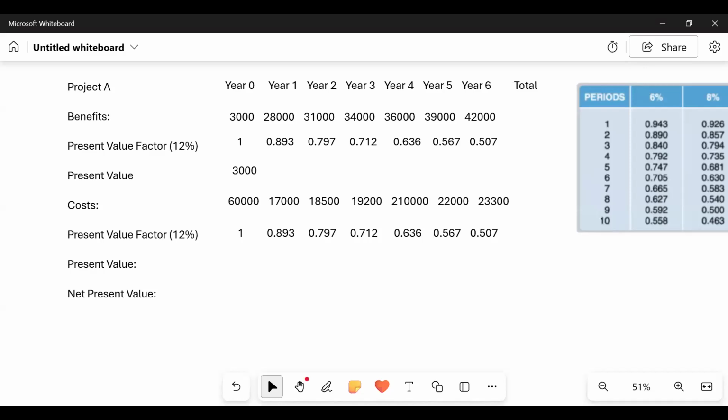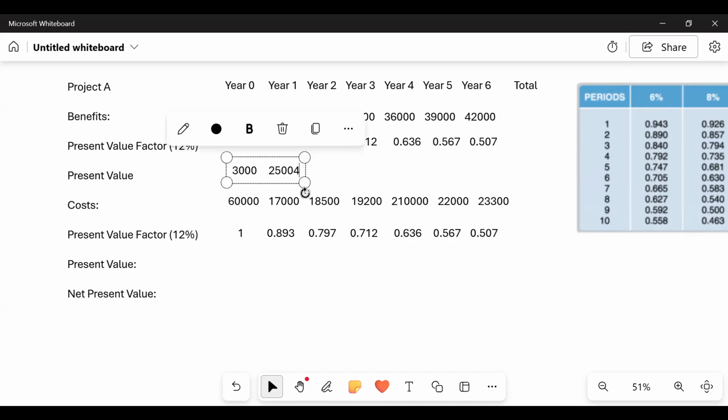You will get 25,004. So that means the benefit you are getting after 1 year is 28,000. If you convert back to today's amount with the 12% interest rate, it's 25,004.